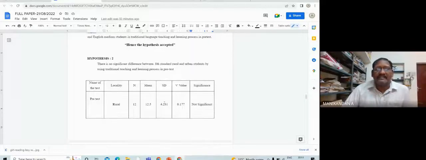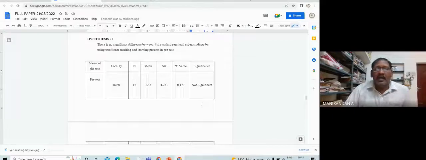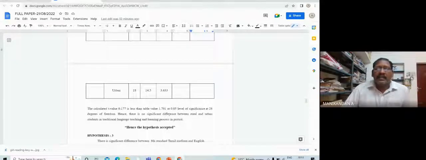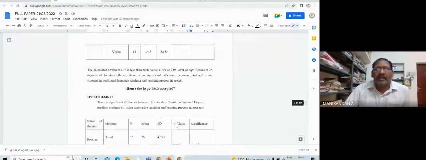My second hypothesis, there is no significant difference between 8th standard rural and urban students. Here also, the t-value is lesser than the table value. So my hypothesis is accepted. And using the post-test, there is a significant difference between 8th standard Tamil medium and English medium students by using innovative teaching, that means e-content.